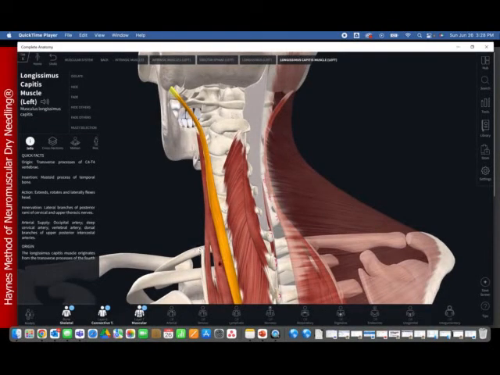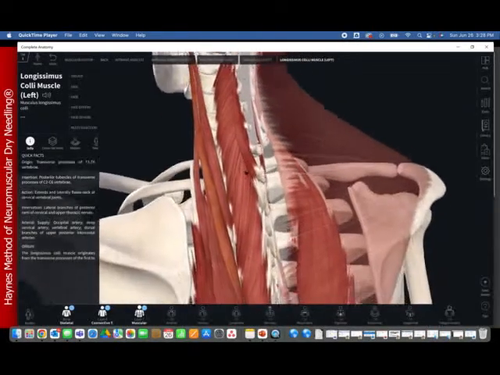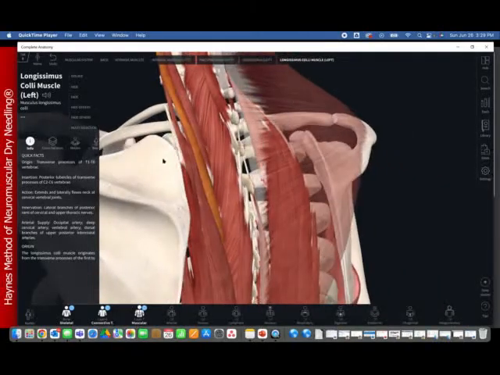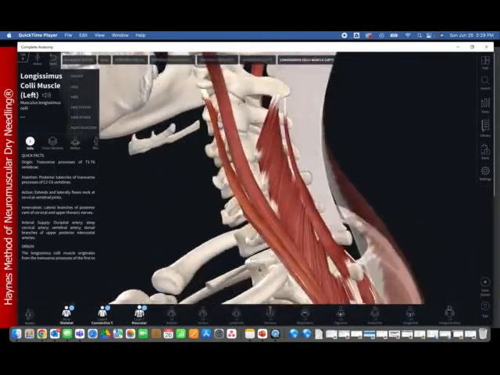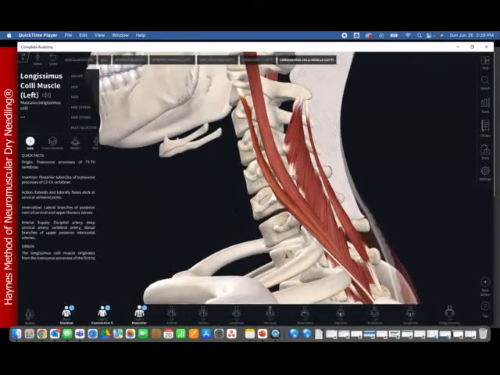We look laterally at the longissimus cervicis. Here, its origin is going to be the transverse process of T1 to T6, and then inserts into the posterior tubercles of the transverse processes of C2 through C6. And so just lateral to the articular pillar.